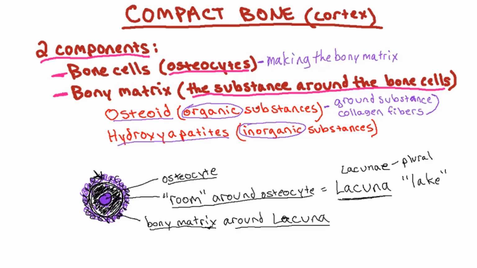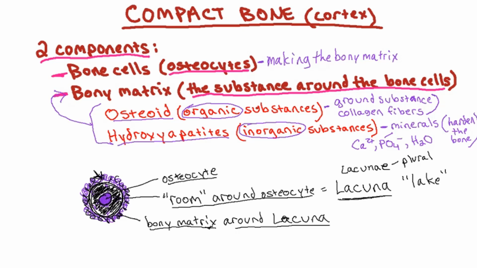Now the inorganic portion of the bony matrix, the hydroxyapatites, is where it stores minerals to harden the bone. And those minerals are things like calcium, phosphates, and also it has some water in there. So these two things make up the bony matrix.